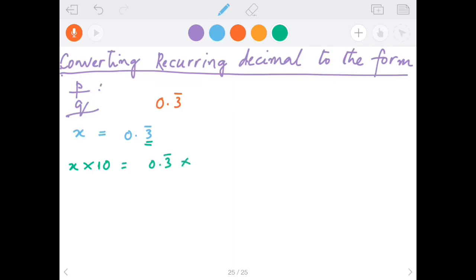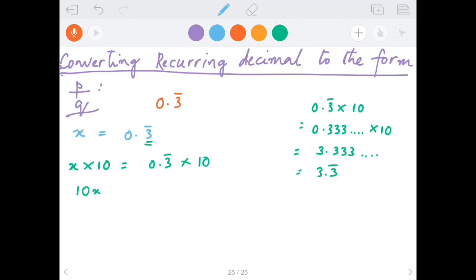When you multiply it by 10, 0.3 bar into 10 can be written as 0.333 etc. into 10. I'm just going to move one decimal to the right, so this becomes 3.333 etc., making it 3.3 bar. So 0.3 bar into 10 on the right hand side becomes 3.3 bar.